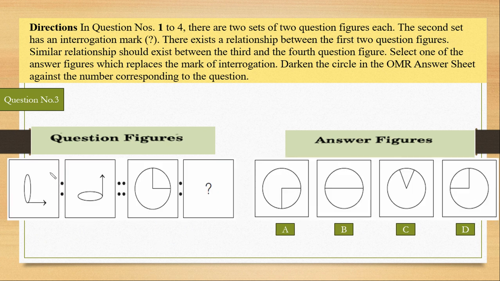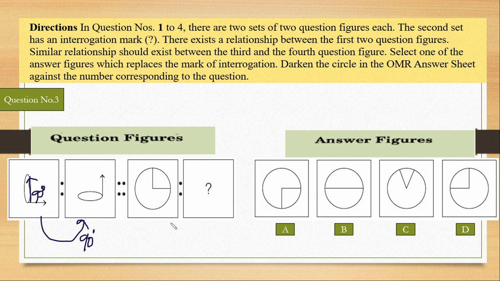In question number 3, as you can see here, the arrow is in this direction and in the second figure it is like this. So if it turns like this, it means it is rotated 90 degrees. The relation between these two is rotation of the figure in the anti-clockwise direction by 90 degrees.